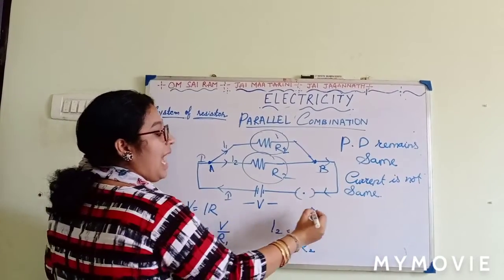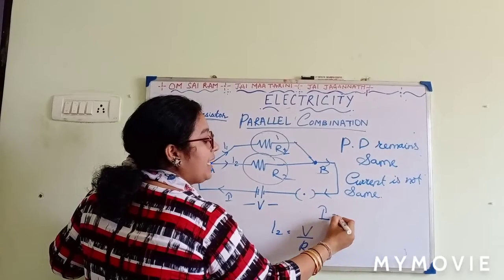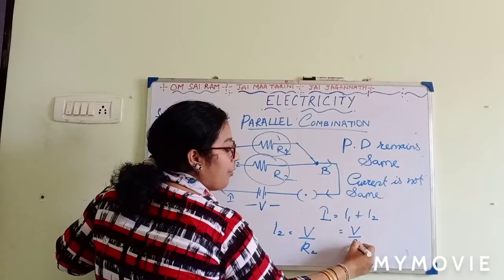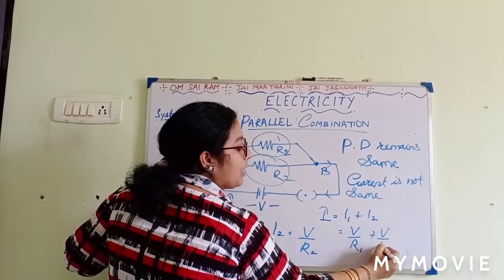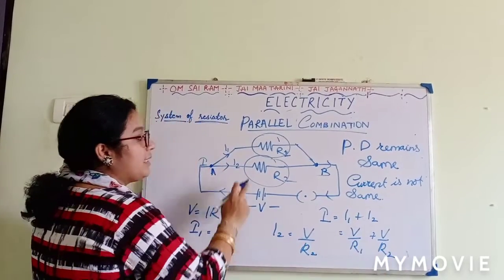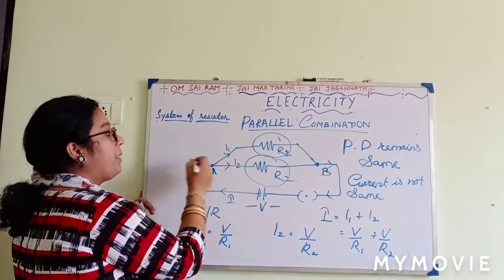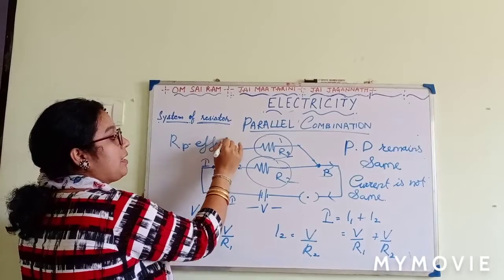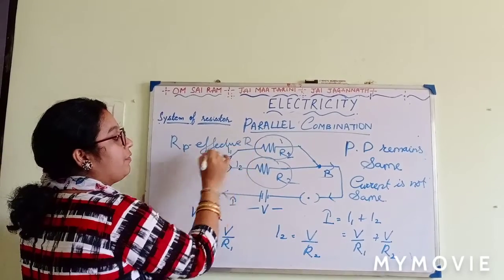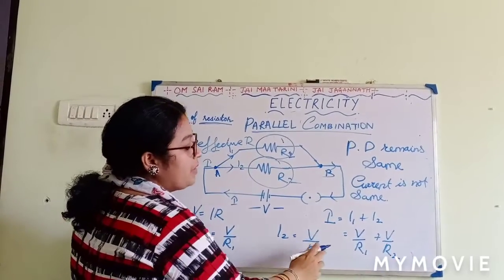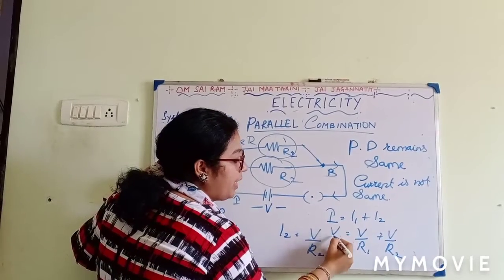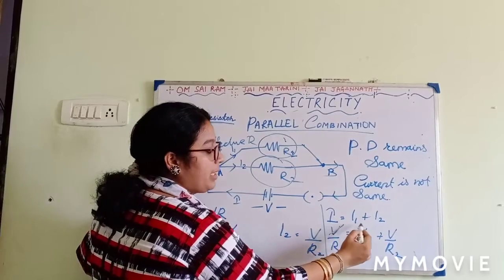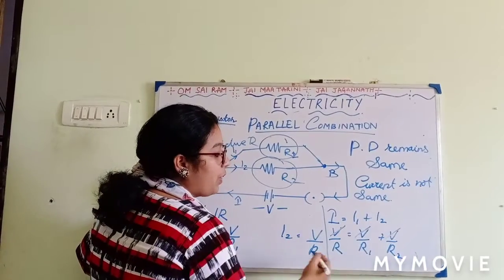So now what is total I? If I want to calculate, I is equal to I1 plus I2, that is equal to V by R1 plus V by R2. If I consider the effective resistance, name it as RP, the effective resistance in case of parallel, then I is equal to V upon R. We can see that V is common in all the cases, so we can cancel out the V. So what do we get?